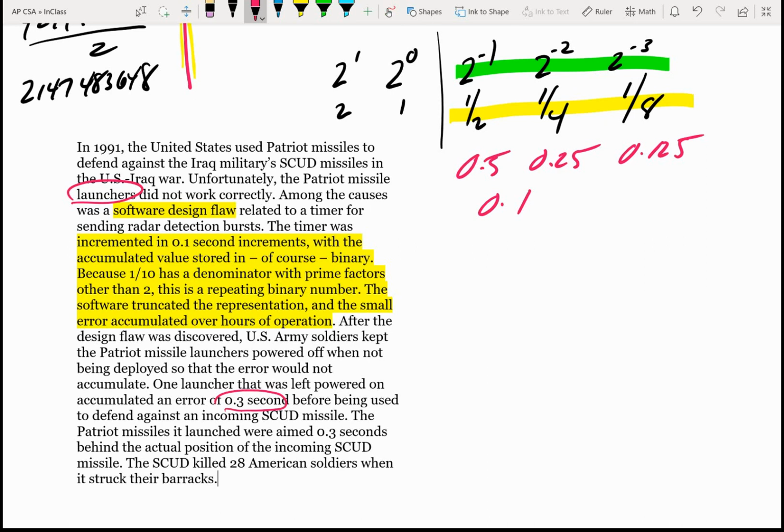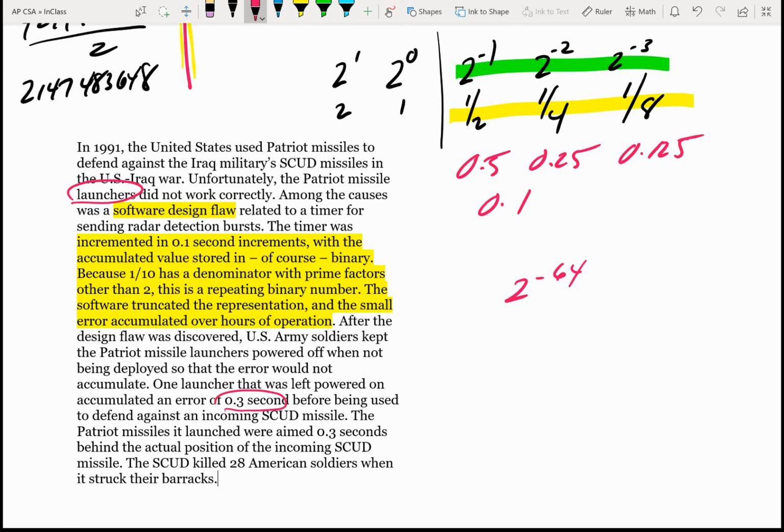So you can see, if we were working with a 64-bit computer, 2 raised to the minus 64 would give you a very small increment, so it would take a lot longer for it to accumulate a large error.